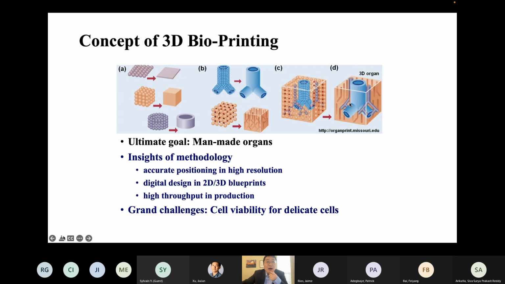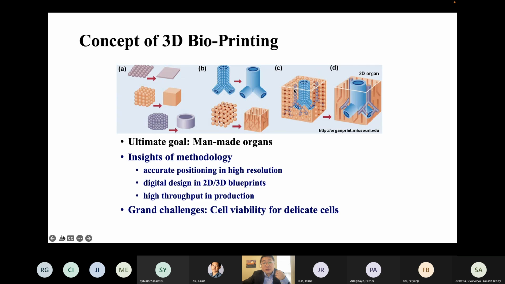Eventually, you see, what if we print multiple cells in multiple geometries? We have different cell types and we have different structures. Eventually, will it form a more complicated life-like structure? So that's the second stage.